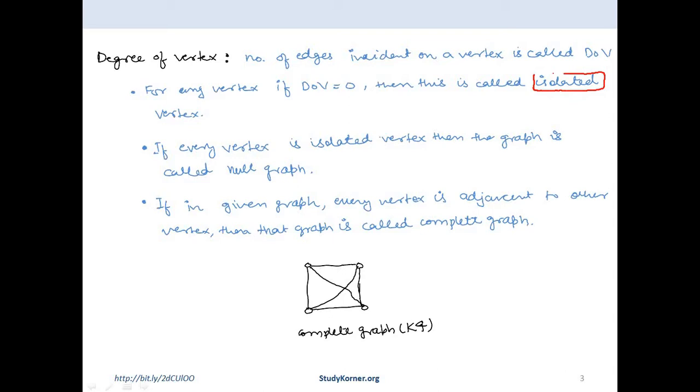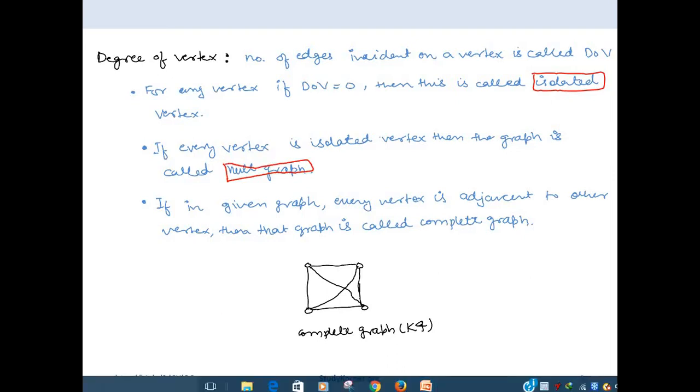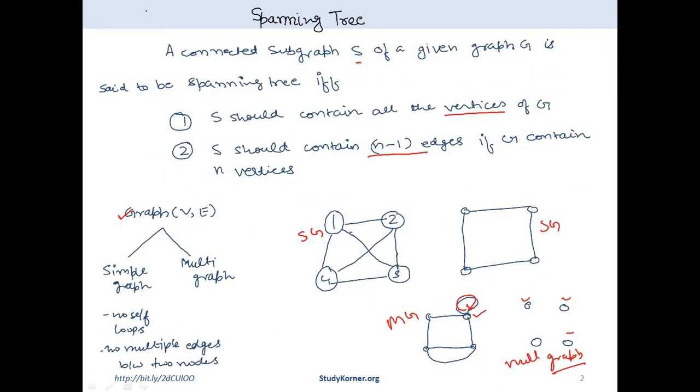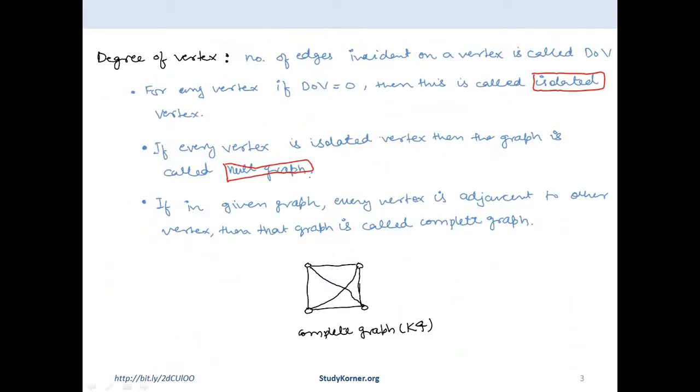If every vertex is an isolated vertex, then we call the graph a null graph, as we saw earlier in the previous slide. The graph is called a null graph when the degree of each vertex is 0, meaning there are no edges in the graph.